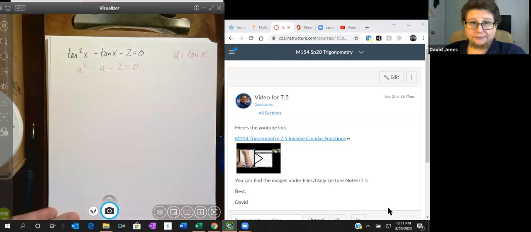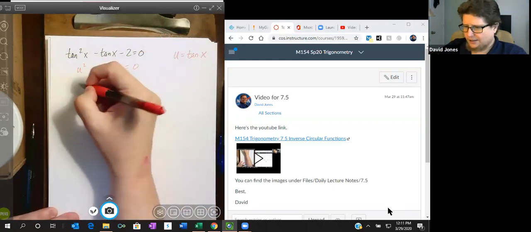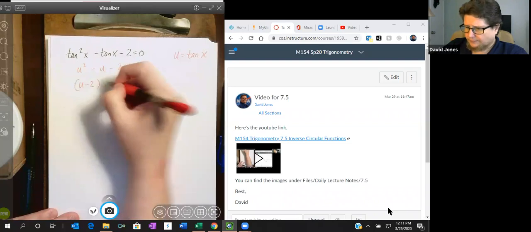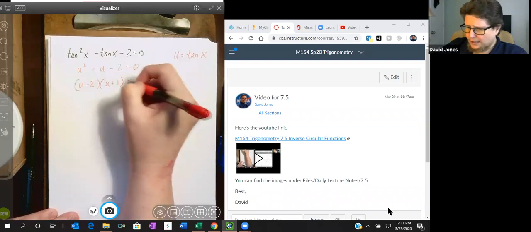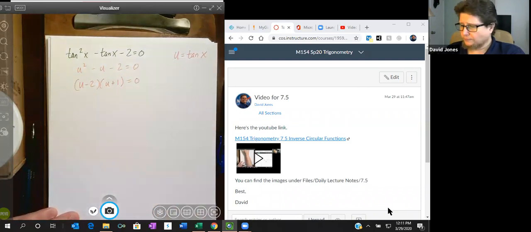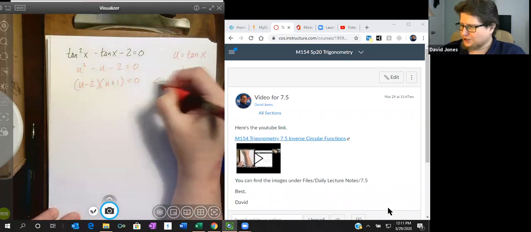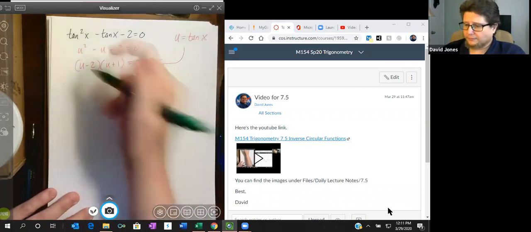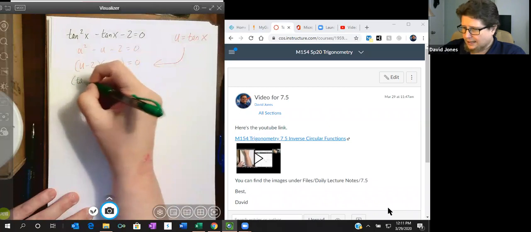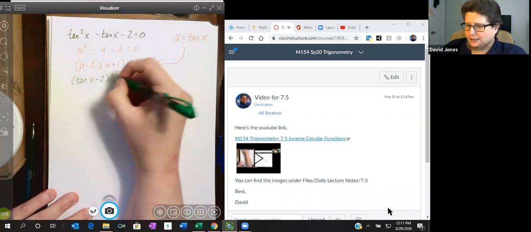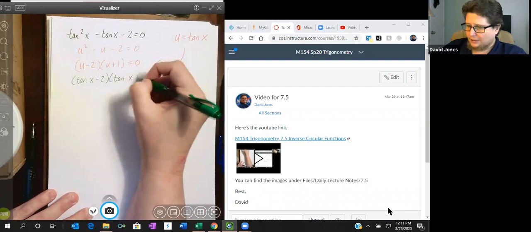Which factors? When I factor it, I've got u minus 2 times u plus 1 equals 0. And I can actually stick tangent x back in. Tangent x minus 2 times tangent x plus 1 equals 0.